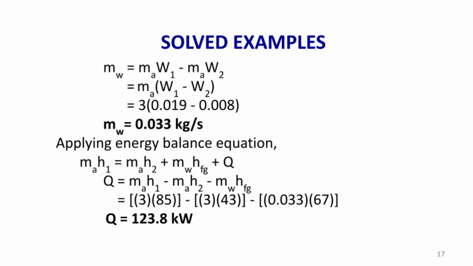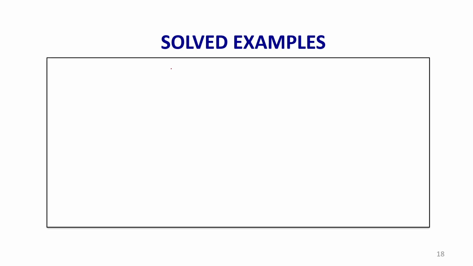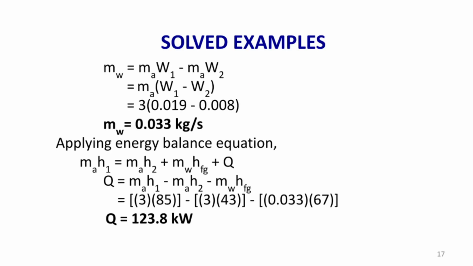So, the mass balance: quantity of air flowing in times the specific humidity at 1 is equal to m dot A into W2 plus the amount of condensate water collected. So, m dot W we can find out using this.